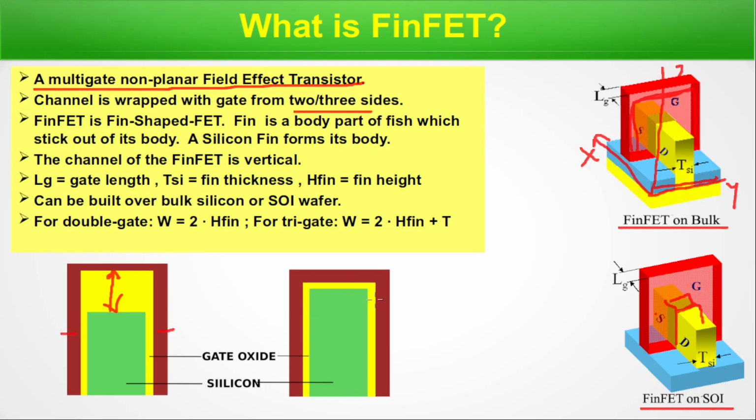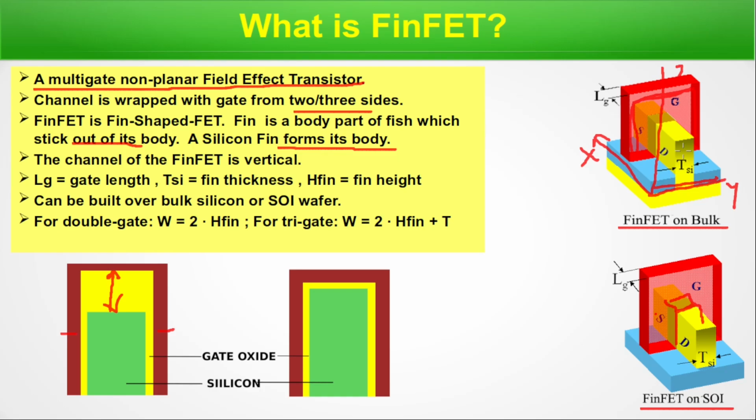And here, this oxide is uniform on all sides. That is triple gate. So FinFET is fin-shaped FET. A fin is the part of a fish that sticks out of its body. A silicon film forms its body. This is the fin. Source, drain and gate, everything is within that. This silicon portion is coming out of the body of the wafer like this.